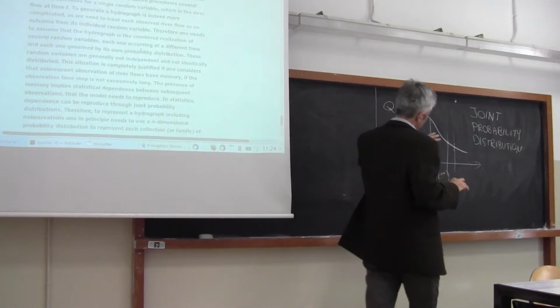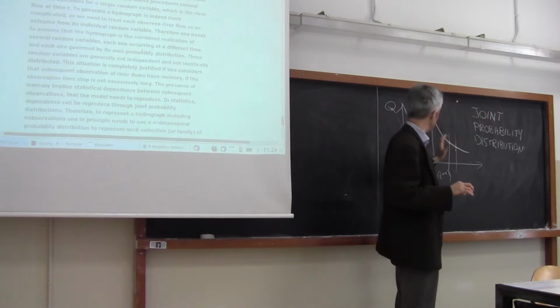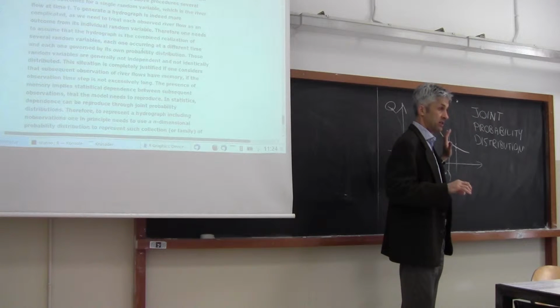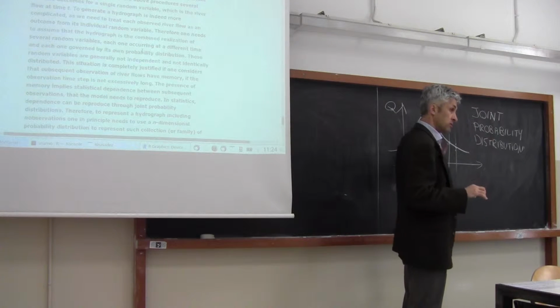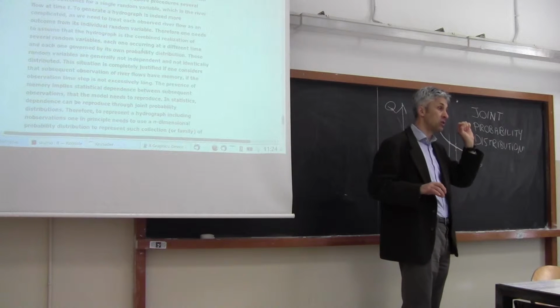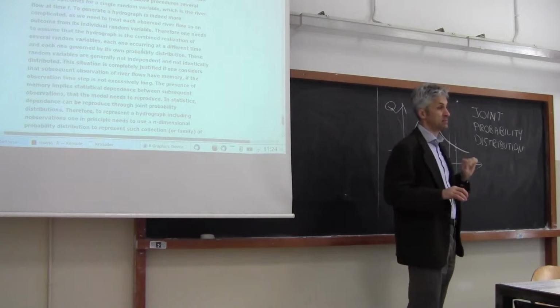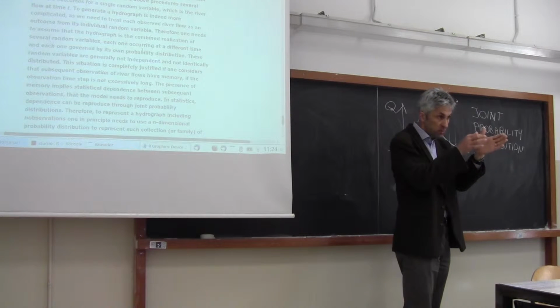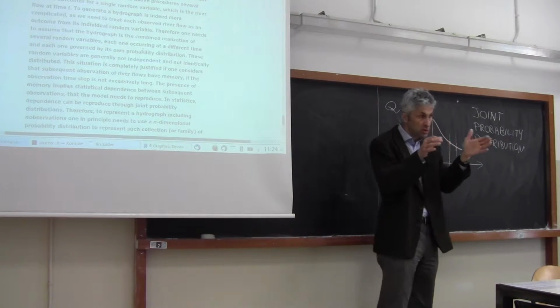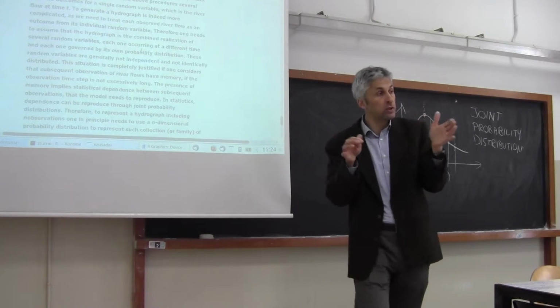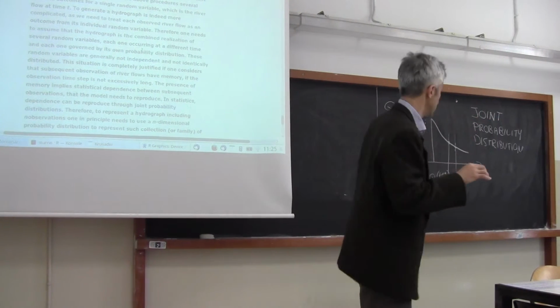And the joint probability distribution allows for different single probability distributions, which are called marginal probability distributions at each time step. So the single probability distributions that compose a joint probability distribution are called marginal distributions.